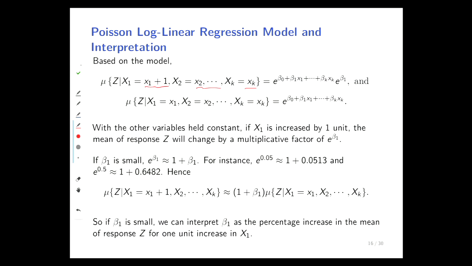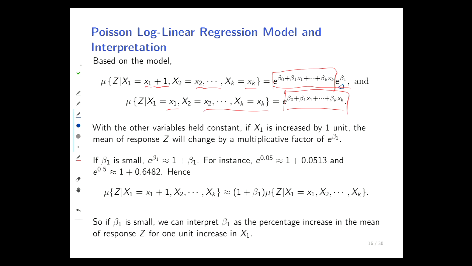You can compute this mean of response, and here is the result. Also, you can keep the other variables constant, but revise x1, and you can obtain another mean of response. If you compare the difference between these means of response, you can find that the only difference is the exponential of beta 1.